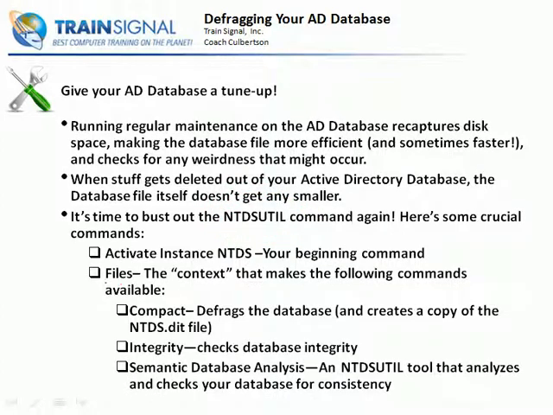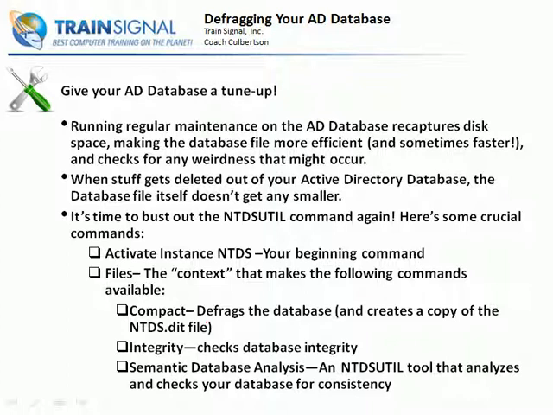Then we move into the files context. Remember, last time we were in the IFM context, the install from media context, and that gave us install from media creation commands. Well, the files context gives us additional commands. It gives us the ability to compact, which is what we mean when we talk about defragmenting your database. And by the way, defragmenting your database isn't that much different than defragging your hard drive.